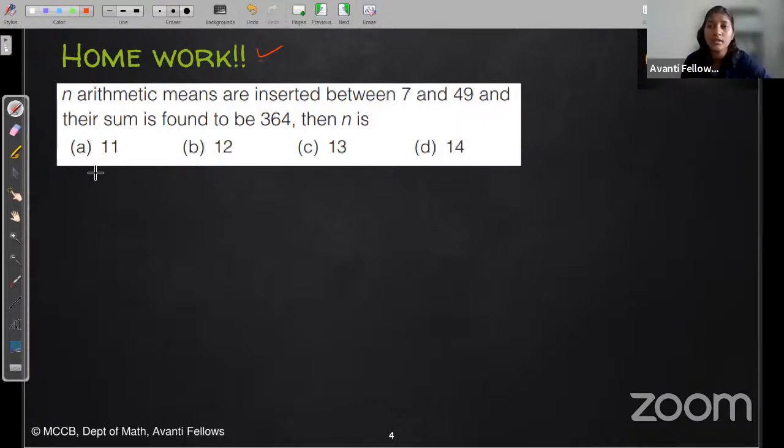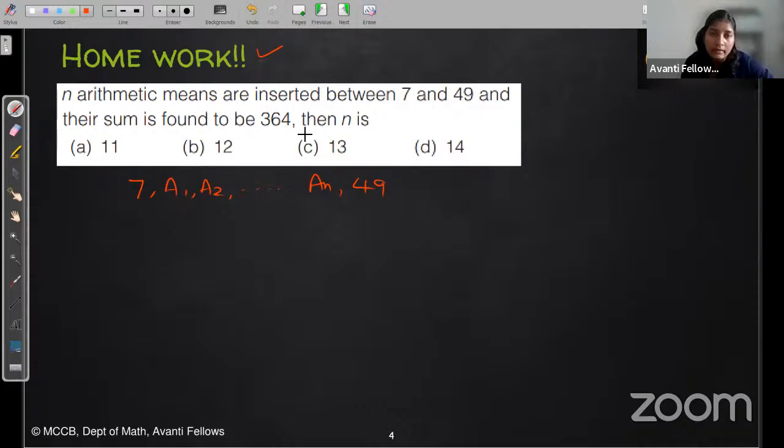What was our question? n arithmetic means are inserted between 7 and 49 and the sum is found to be 364. Then what is n? We have 7 and 49 as the first and last terms, and n arithmetic means A1, A2, and so on up to An are inserted.